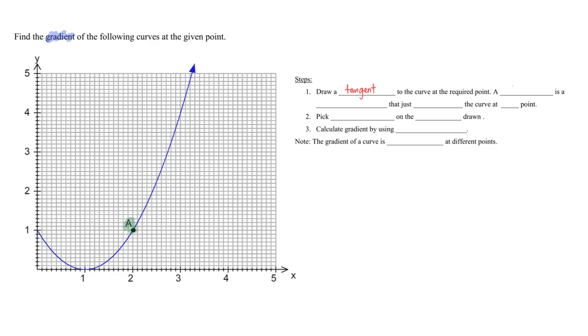So I'm just going to fill in the blanks first. This tangent is a straight line that just touches the curve at the point, in this case 1 point. Alright, so let's move to this particular graph here. I'm going to draw the tangent line.